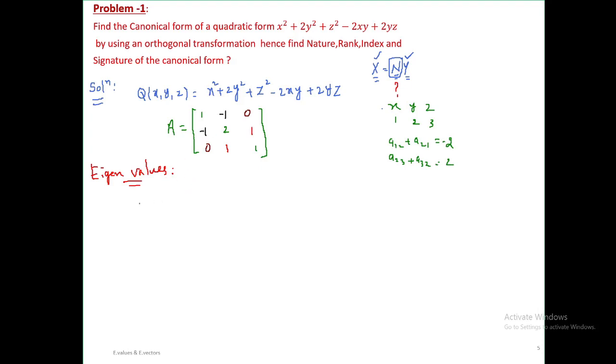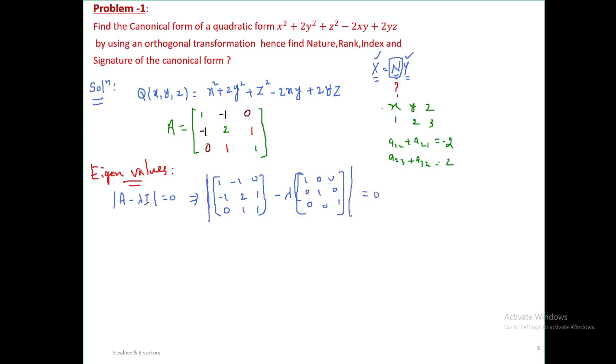Now the eigenvalues. The characteristic equation is determinant of A minus lambda I equal to 0. Matrix A is 1, minus 1, 0; minus 1, 2, 1; and 0, 1, 1. A minus lambda into I, where I is the 3 by 3 identity matrix: 1 0 0, 0 1 0, and 0 0 1. Then the determinant equal to 0.